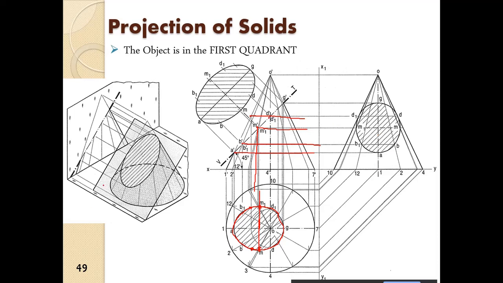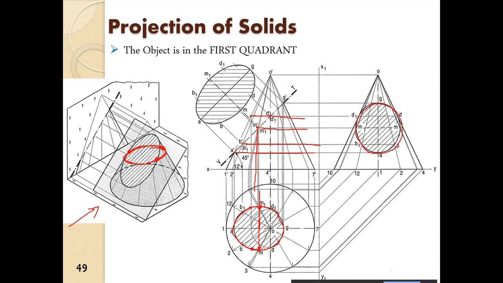And this is the side view. If you see from this side, you will see this side view like this. The basic idea is, if I draw a circle here, perpendicular to the axis, it will intersect at 2 points.